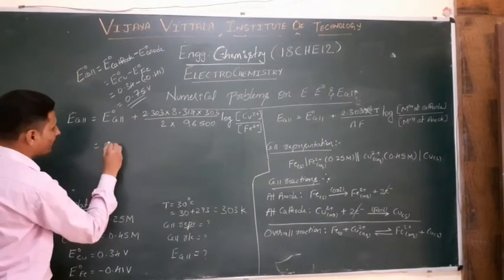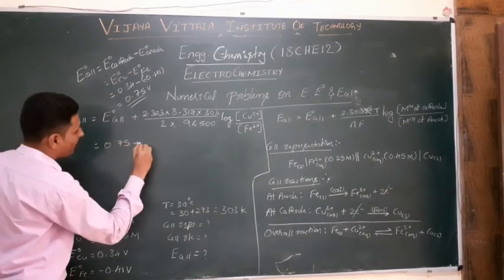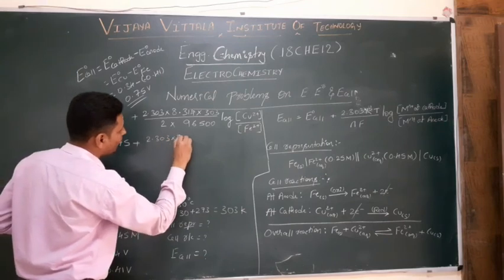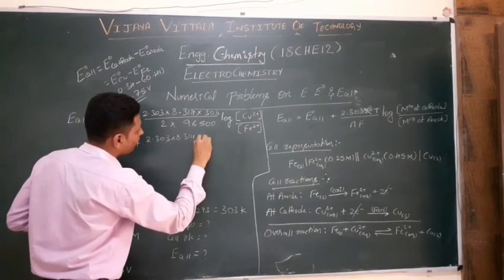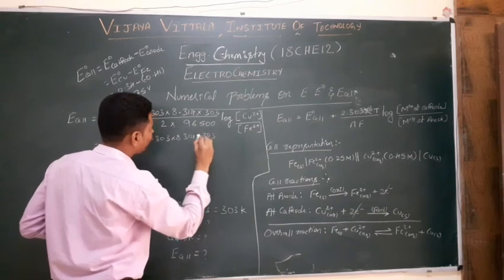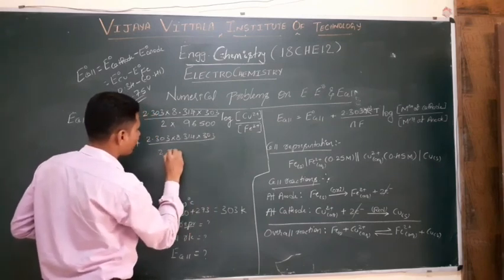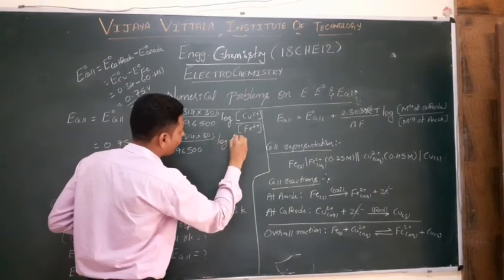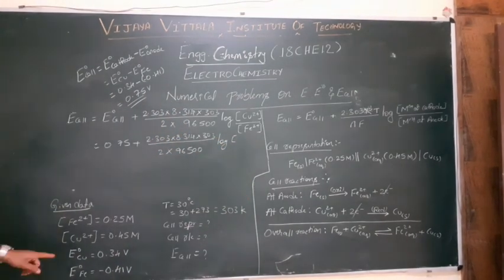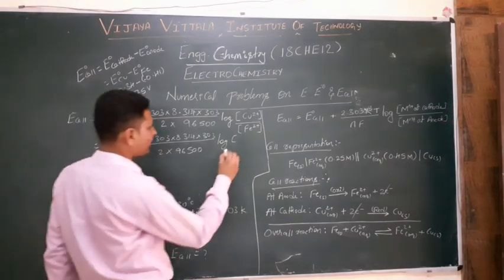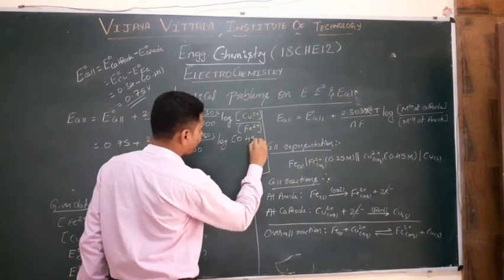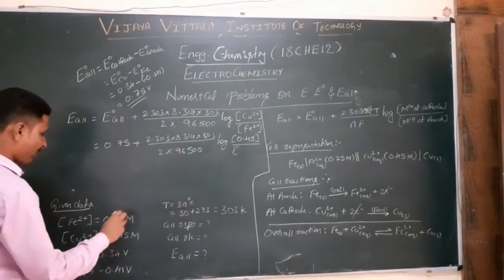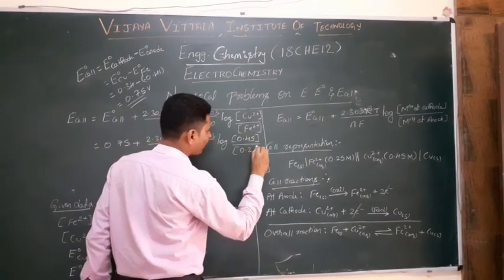So substitute in this equation: 0.75 volt plus 2.303 into 8.314 into 303 divided by 2 into 96,500, log of the copper concentration 0.45 divided by 0.25.